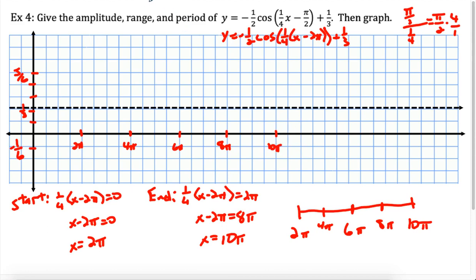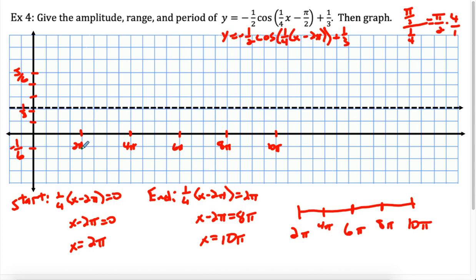Okay, and we can graph. Now, we are graphing negative cosine. We know the basic shape of cosine would normally start at the max, go to the midline, then to the min, then to the midline, then to the max. But if we are sketching the opposite of that, I'm just going to reflect across the midline.